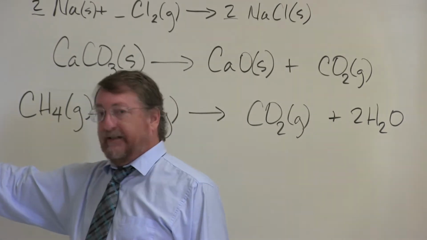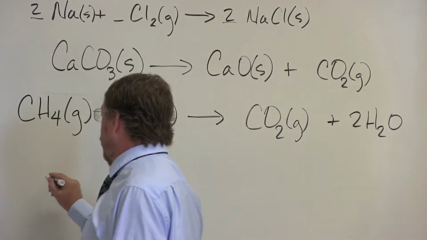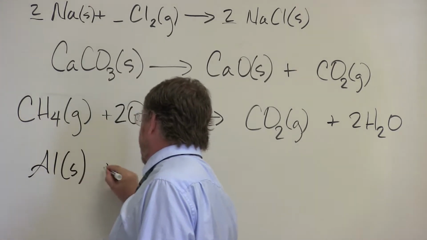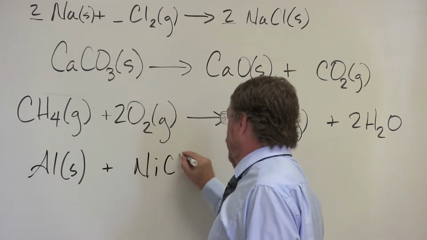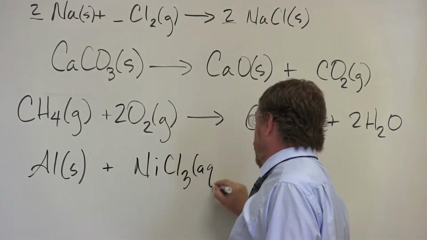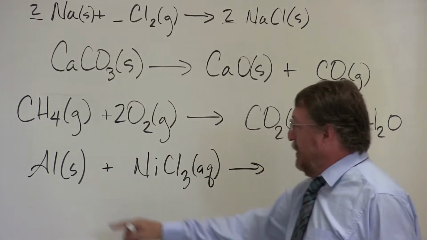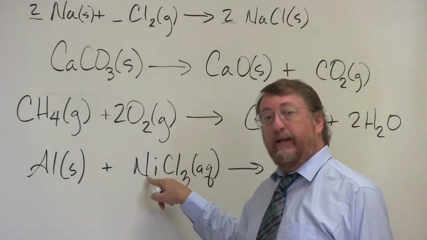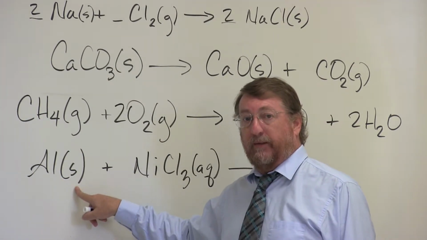Single replacement, we said, is an element plus a compound. So if I have aluminum plus nickel chloride, here the aluminum is going to replace the nickel in the compound, and the nickel's coming out as a pure element.